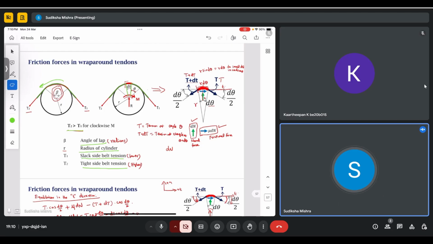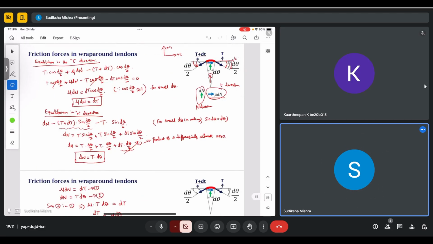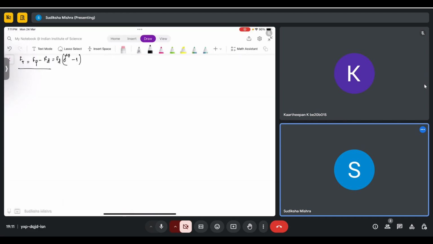If you look at a very small area, let this be the tangent to that area, and let the angle of contact be d theta.